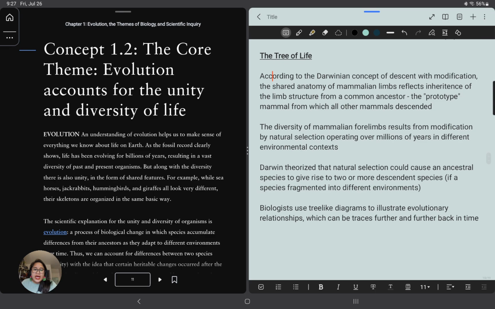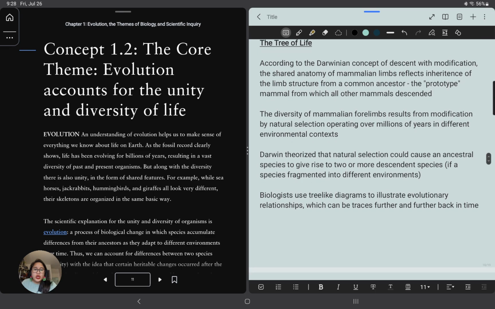And we're going to go over the last of my notes here. According to the Darwinian concept of descent with modification, the shared anatomy of mammalian limbs reflects inheritance of the limb structure from a common ancestor, the prototype mammal, from which all other mammals descended. The diversity of mammalian forelimbs results from modification by natural selection operating over millions of years in different environmental contexts.